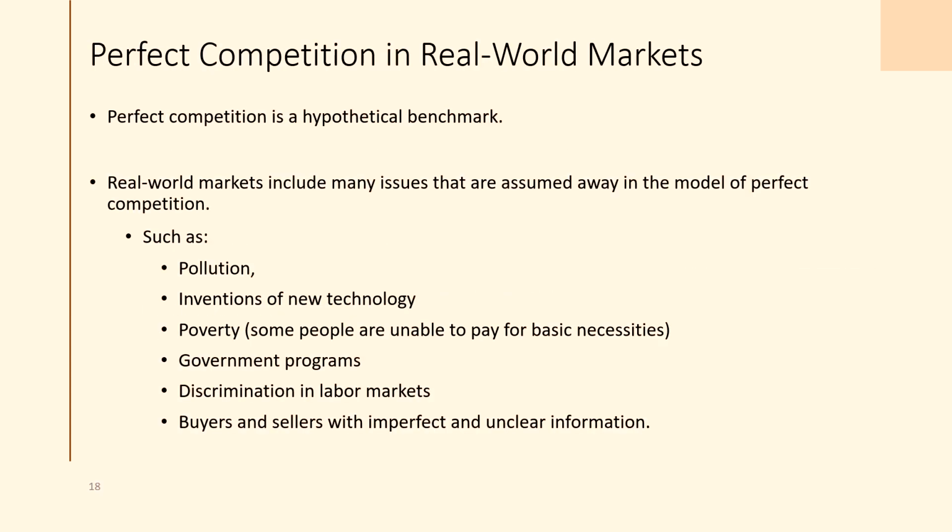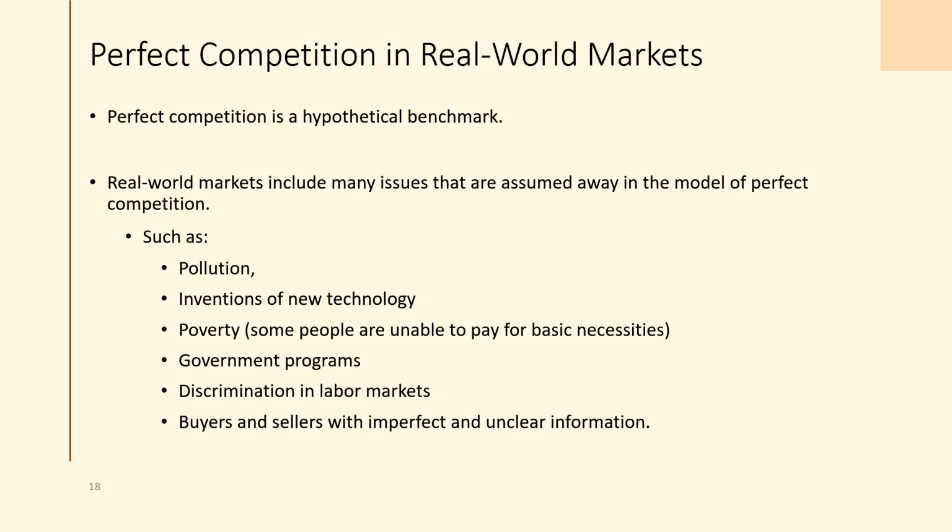In the real world, perfect competition is a theoretical benchmark. It helps us understand how markets work under ideal conditions. However, real-world markets often deviate from this model. For example, firms may create pollution, which is not reflected in market prices.